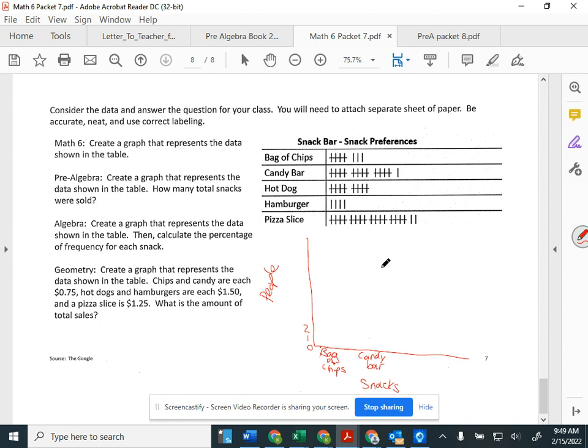Okay, so make your bar graph for the snack preferences. Make sure you put your labels on it. For Math 6, that's all we have to do, just creating your table and making sure you put your labels.